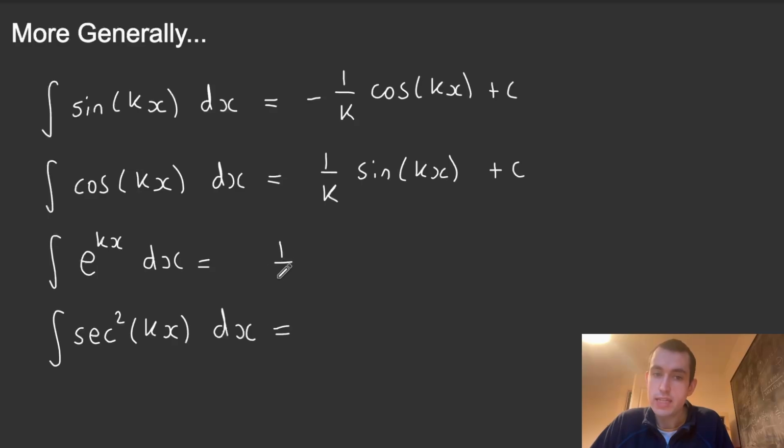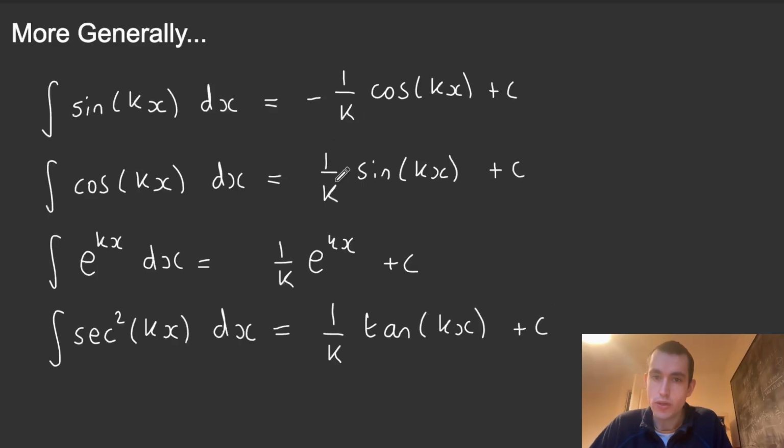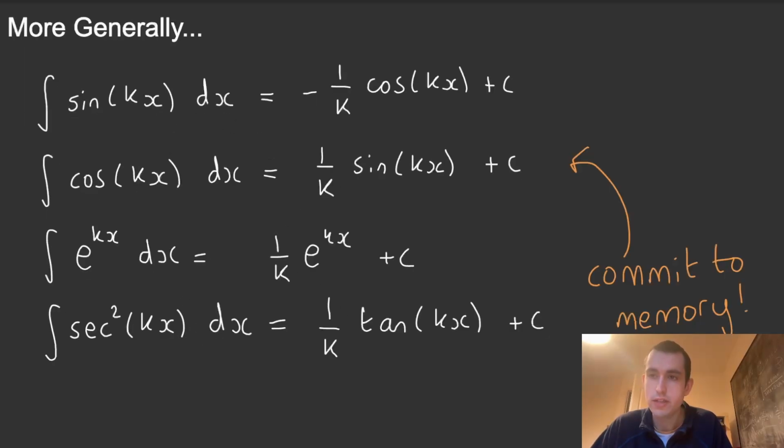The integral of e to the kx will be 1 over k e to the kx plus c. And the integral of sec squared kx will be 1 over k tan of kx plus c. You'll notice the pattern 1 over k repeating itself for all of these common A2 integrals. If you can commit these to memory, great, do so. If you can't, do so anyway.